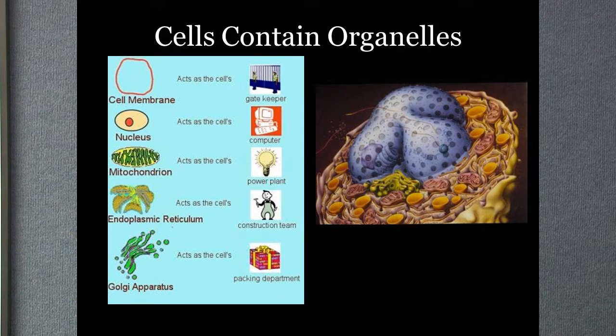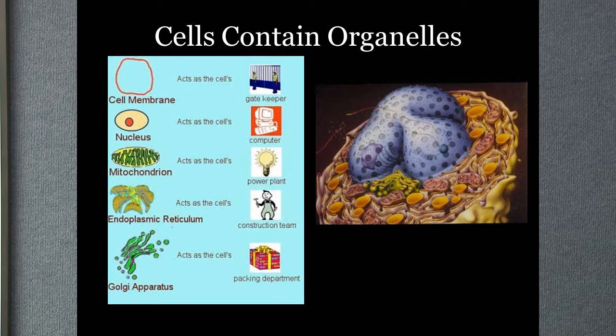And so if we look at the different components, different organelles in the cell, we see that there is a cell membrane or plasma membrane that's on the outside. And that's a gatekeeper that opens up, lets things go inside, or prevents things from coming inside. Also, we have the nucleus.